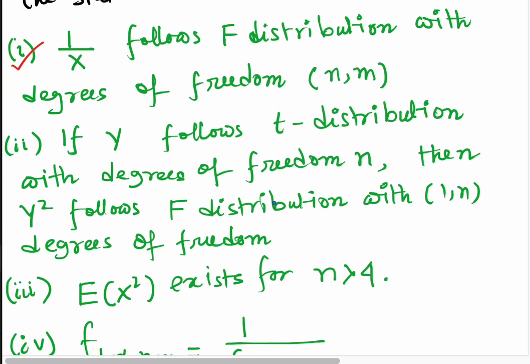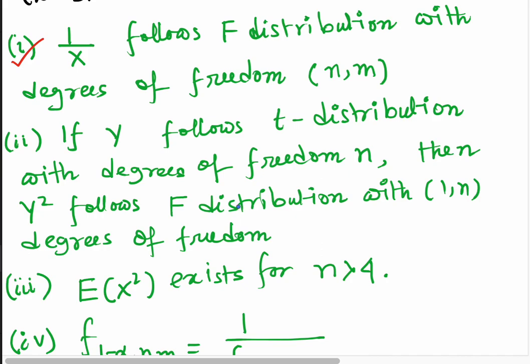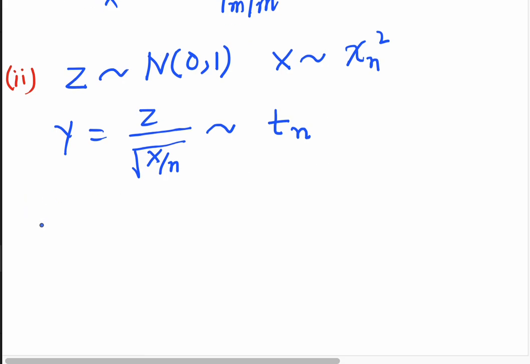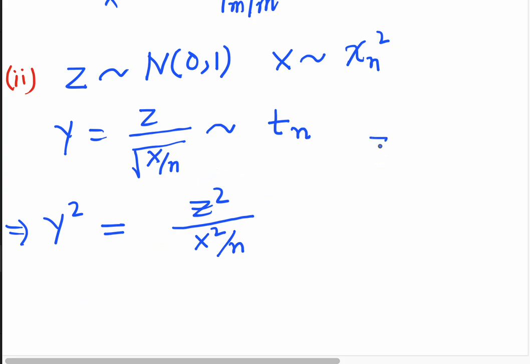Now y square is nothing but z square by x by n. We know that since z is a standard normal random variable, z square follows a chi-square distribution with degrees of freedom 1.